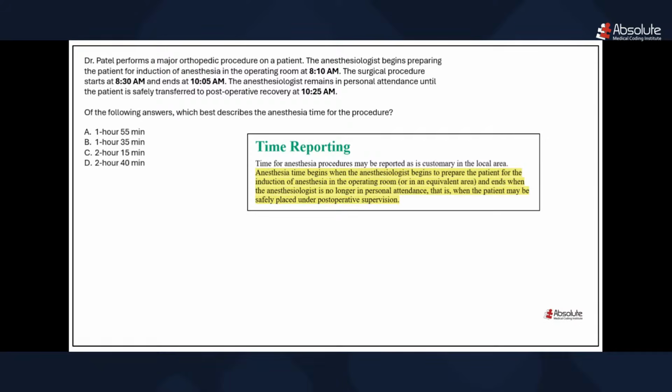And in this scenario, here we go. We have the anesthesiologist who began to prepare the patient at 8:10 a.m., and the patient was transferred to post-operative recovery at 10:25 a.m. So that is going to be our anesthesia end time. So the anesthesia start time is going to be 8:10 a.m. and the anesthesia end time is going to be 10:25 a.m., right?